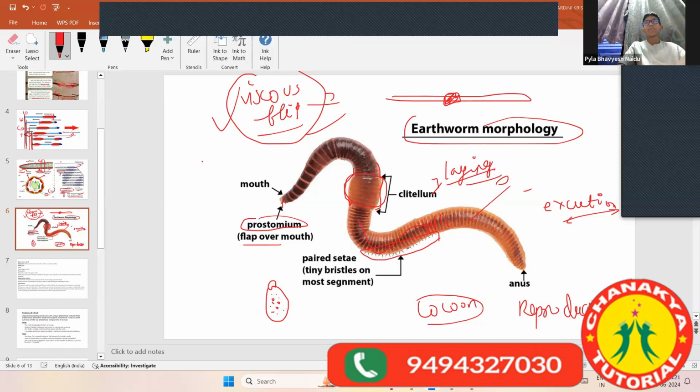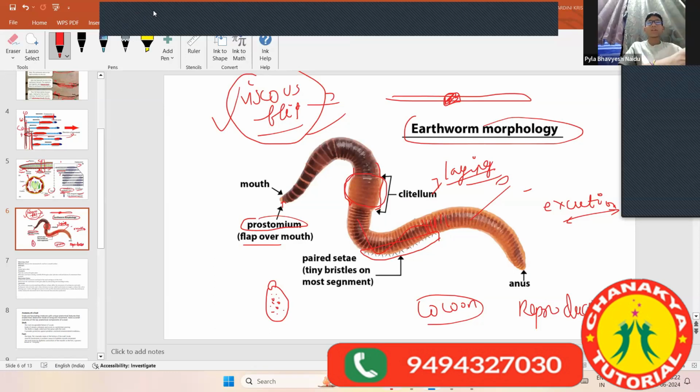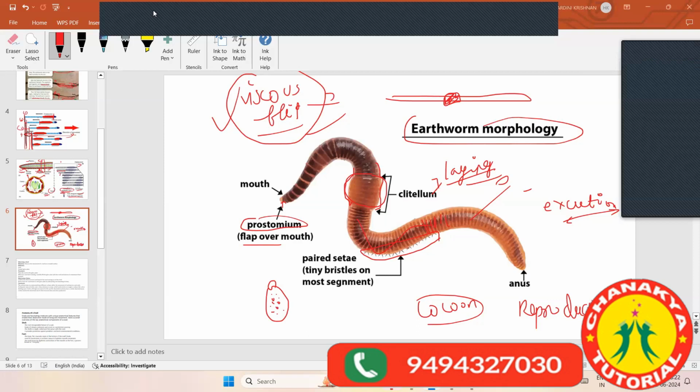They create cocoons for protection for the eggs, and I showed a life cycle about it. That's it. Thanks, I hope it's clear for Neha.